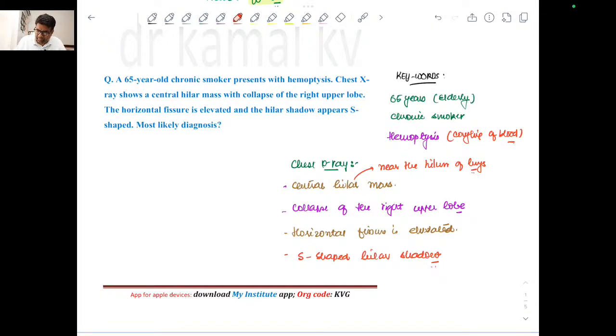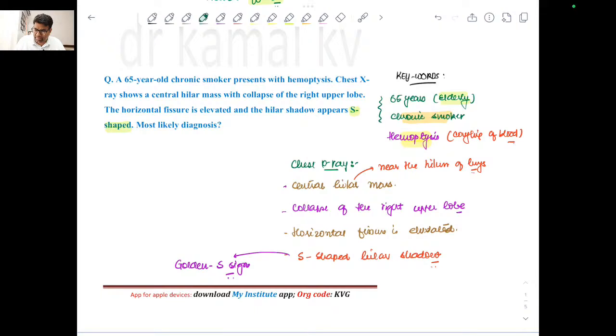The only one which is suggestive of the answer is S-shaped hilar shadow, and this is actually known as the golden S sign, right? So this is the classical clue here, which is supported by elderly patient who is a chronic smoker. So this elderly patient, chronic smoker, having hemoptysis, all this suggests that there is some malignancy, right?